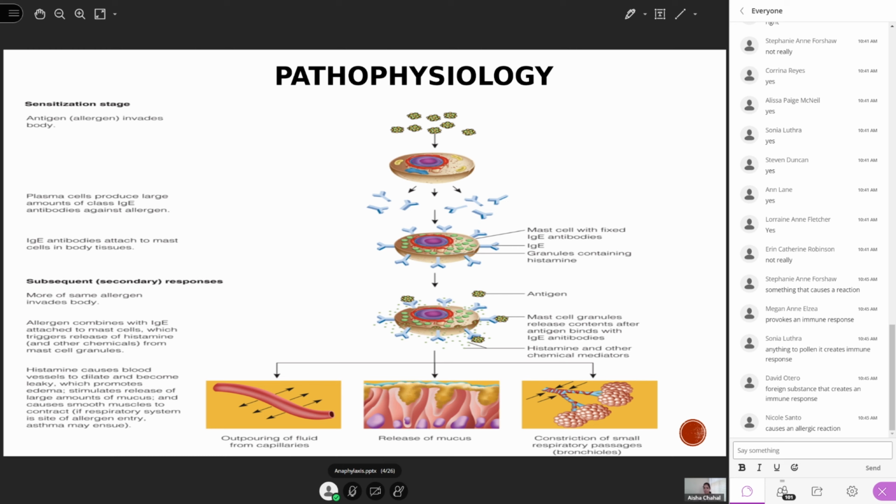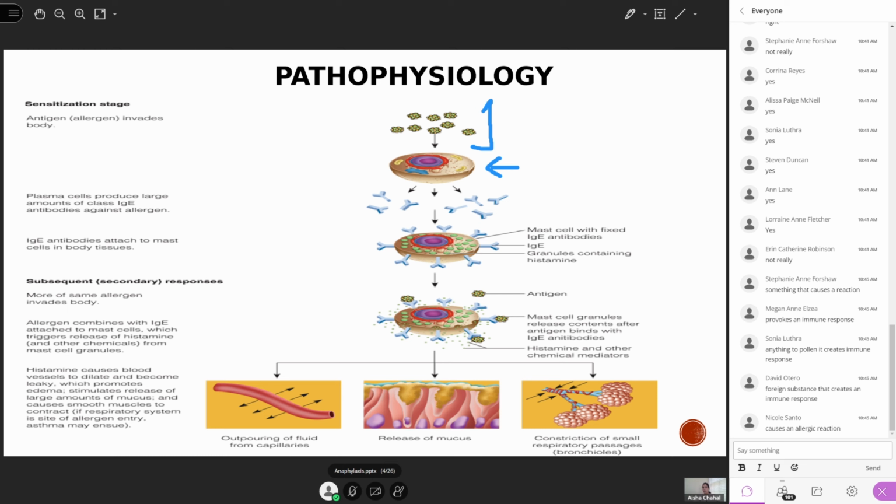So what happens is, this is your allergen. For example, a particle from the peanut, any antibiotic that people are allergic to, a pollen, as Sonia mentioned, right? And so these are antigens. And this is the body's cell, any cell on the skin, in the blood vessels, cutaneous tissue, in the organs.